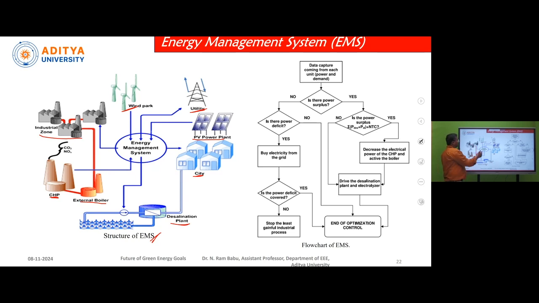An energy management system is a technique where the energy that is generated by the power plants or distributed energy sources is managed in an efficient manner. If you observe this one, here the energy is being generated by the wind park as 1, PV power plants as 2, and here the boiler, that means the thermal power plant. So energy is being generated by 3 different parts.